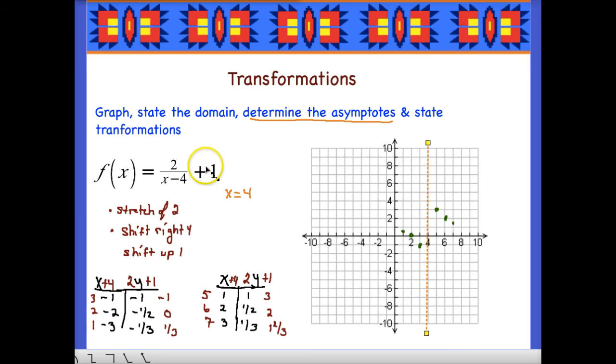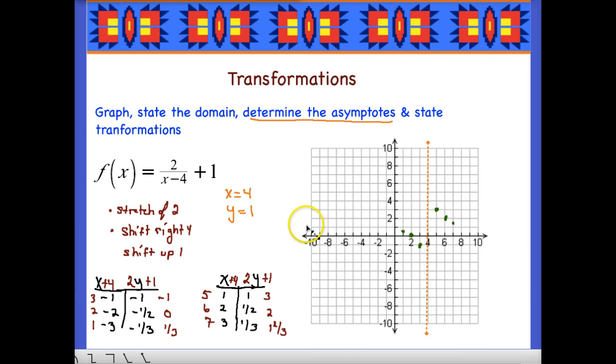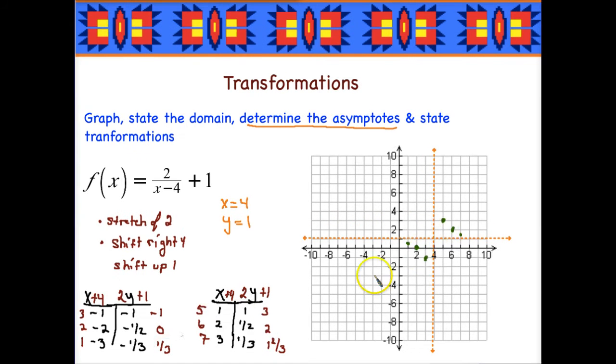So what's my other asymptote? Well, I have this +1 on the end here, so I know that I'm going to have a horizontal asymptote at y equals 1. So now I'm going to where y equals 1, and I will draw in my second asymptote here. Now I'm in a much better position to fill in my graph.